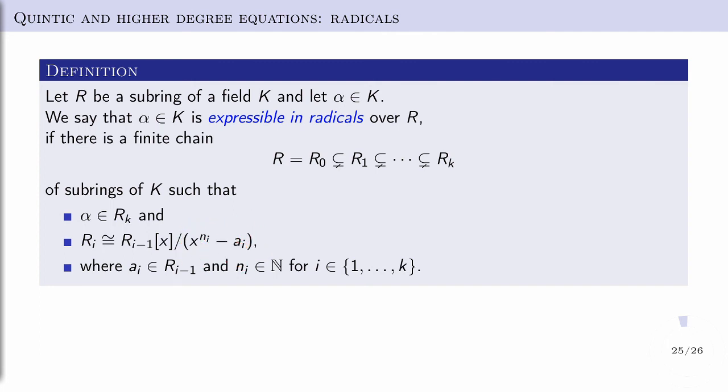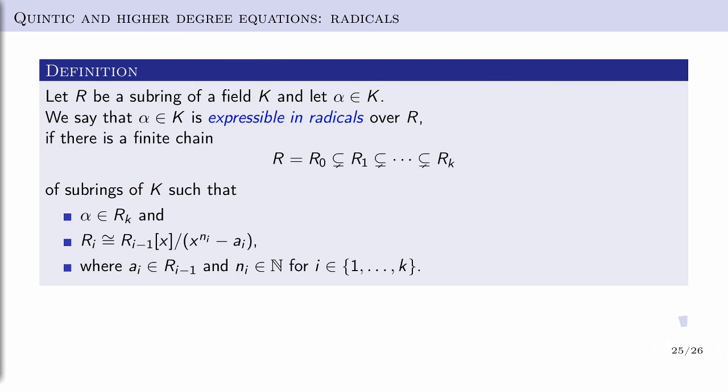So we append to R i minus 1 the nth root of ai to get another one.